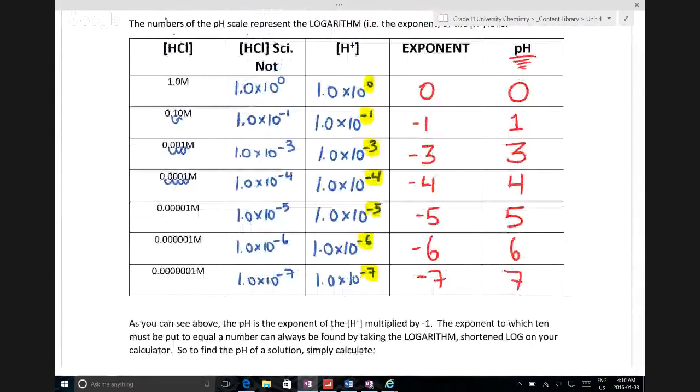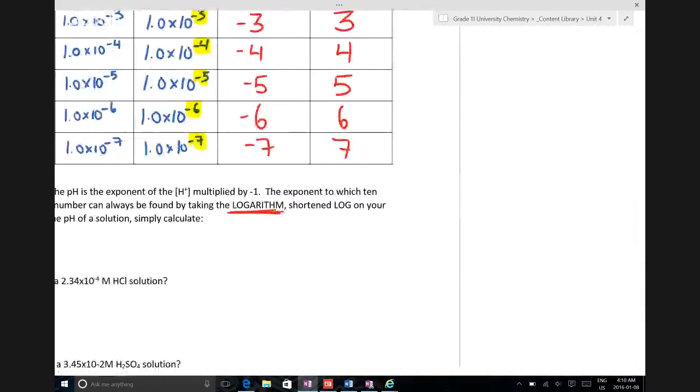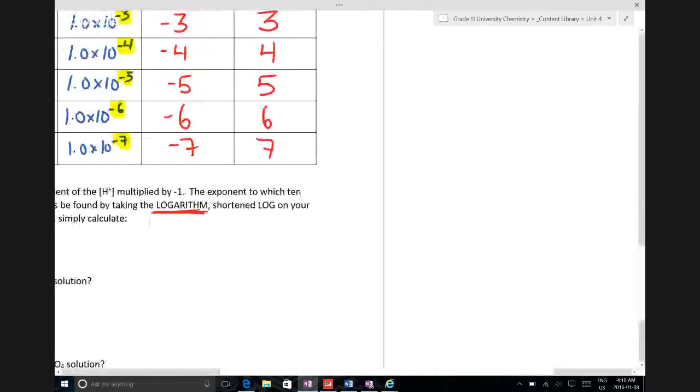Now, this works really nicely for all of these ones that go cleanly into scientific notation. But we can actually do this calculation for anything using something called a logarithm. See, a logarithm takes any number and gives you the exponent. All right, and you don't have to write this down, but I'll prove it to you.